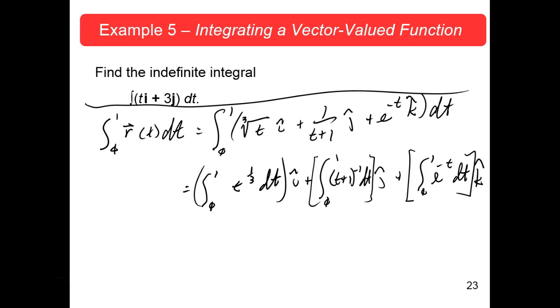Okay? Now, everything else is doable. So what would that give you? T to the second? 4/3. Okay, over 4/3, which is the same as times 3/4, right? And that's evaluated from 0 to 1.